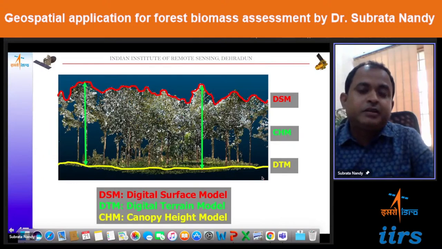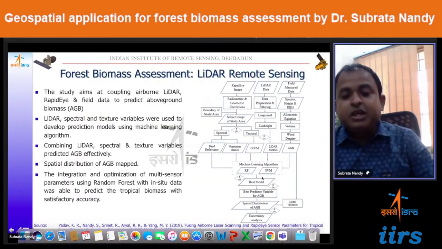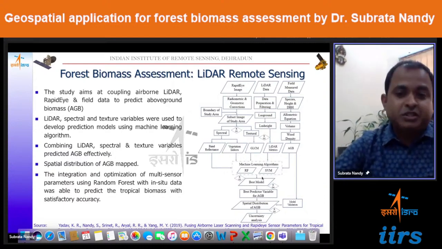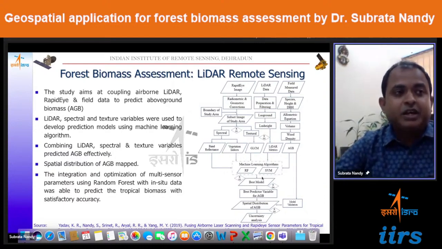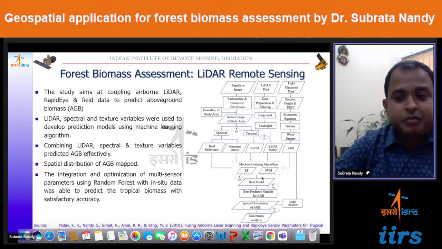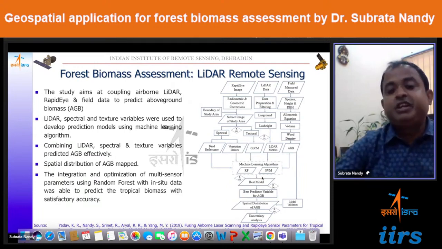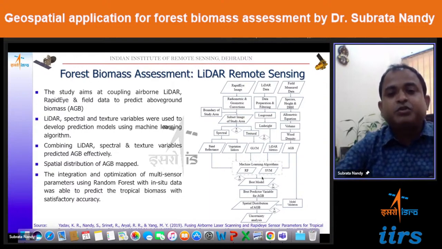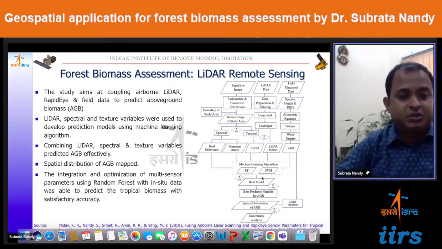Now the question comes: when we do biomass estimation using optical data, we are thinking of 2D information. We are not including 3D or structure information as such. So in this study, we have incorporated the structure information as well.